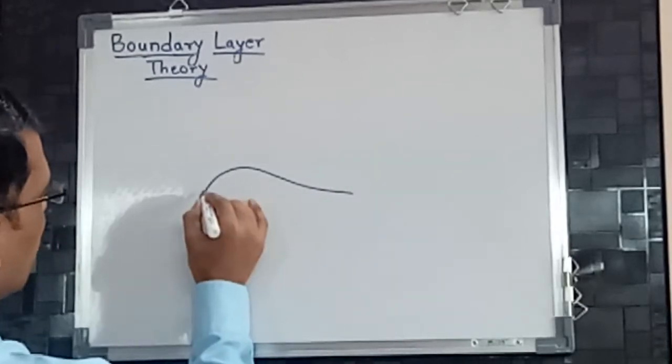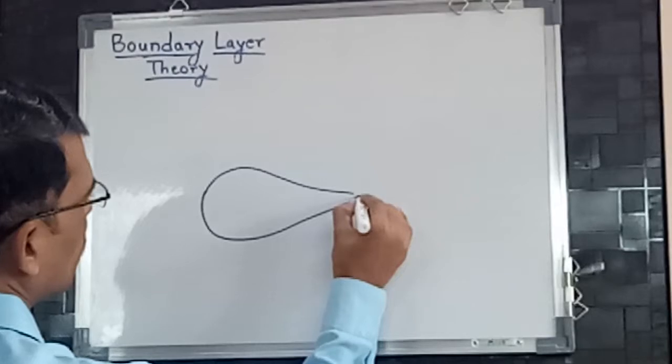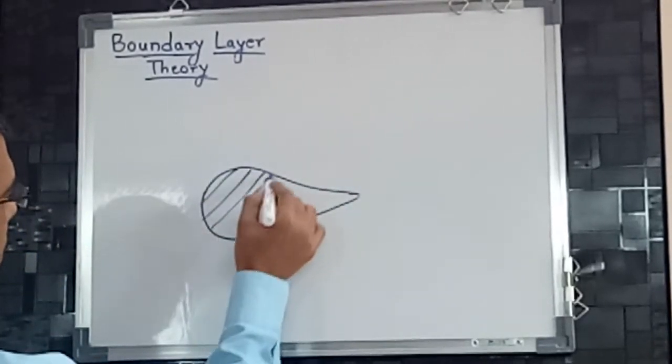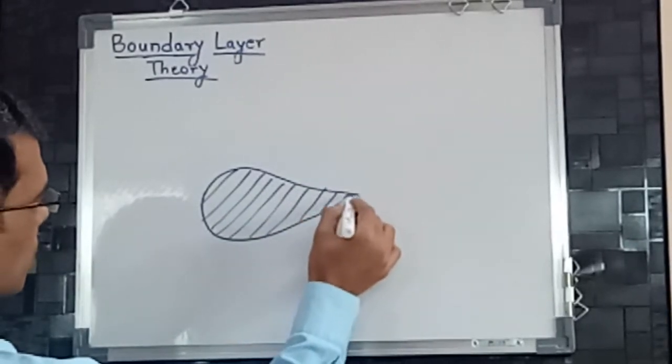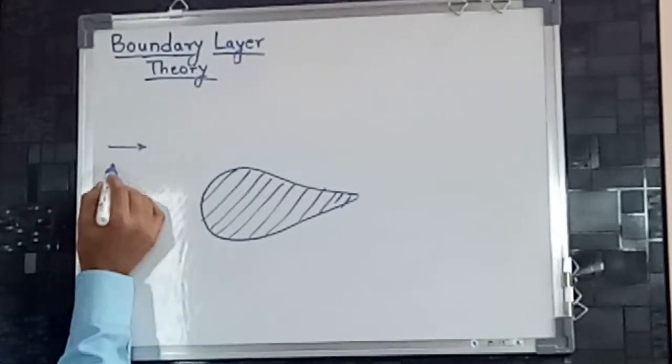First, I will draw one solid boundary. Okay. This is the velocity.